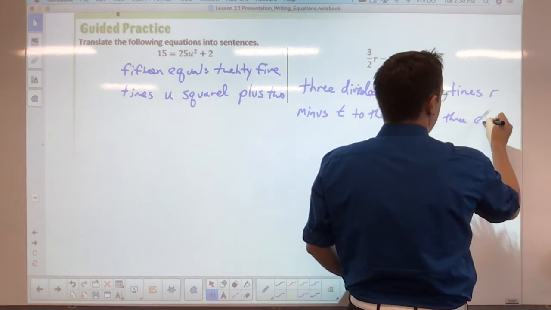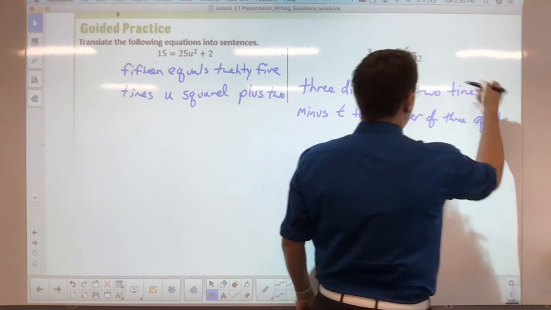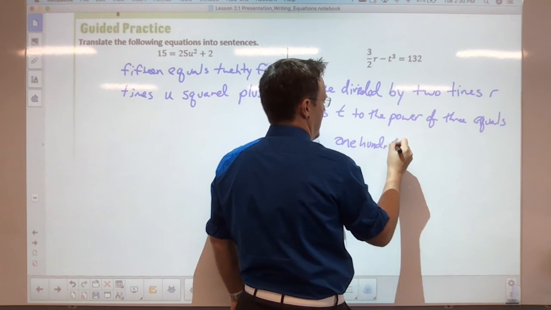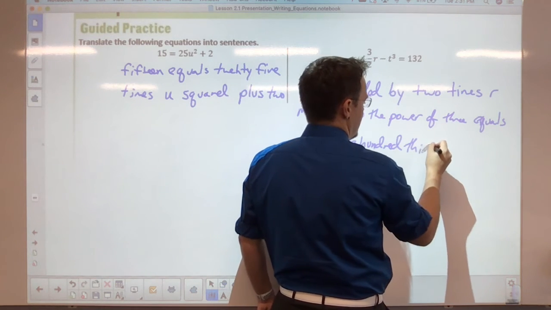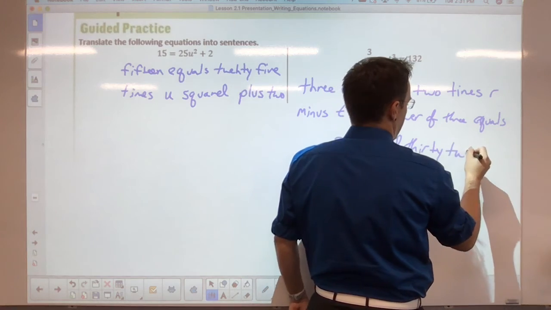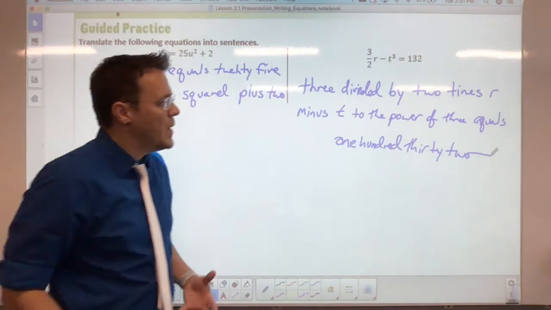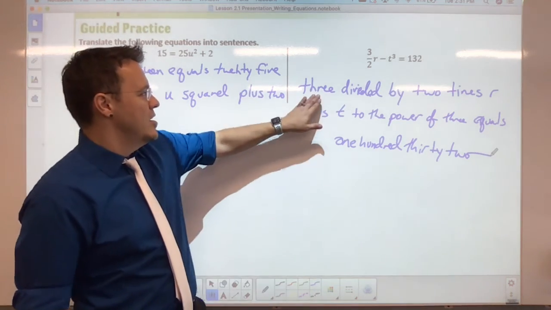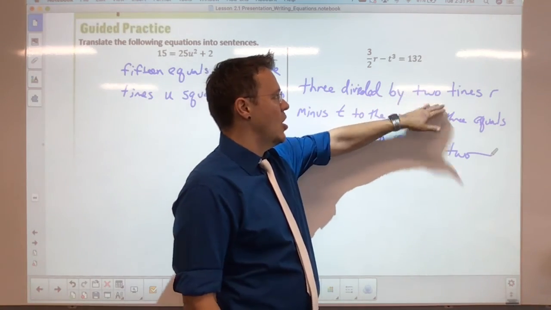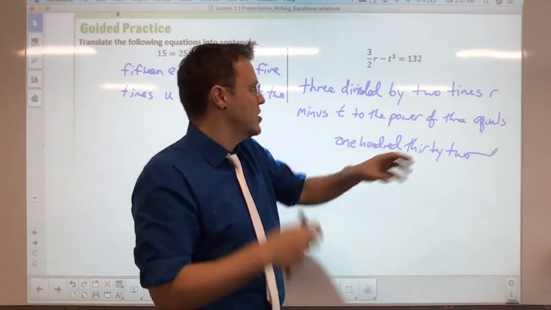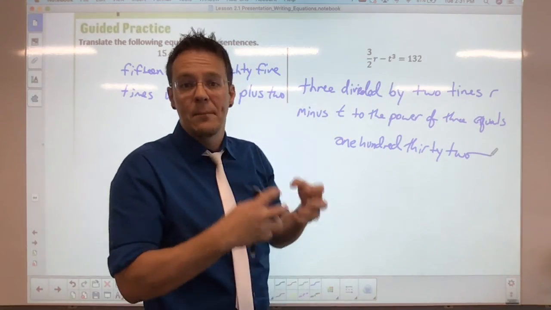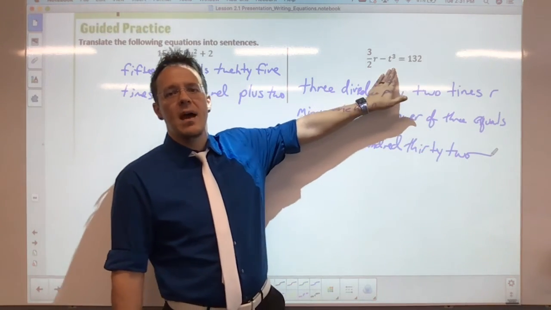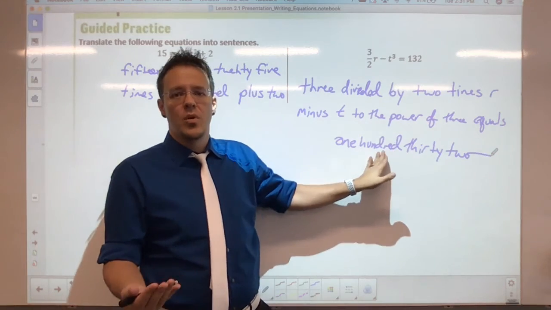And then it equals, and then you'd write that out, 132. A lot of words, but hopefully you guys understand the concepts behind it in my chicken scratch. All right, 3 divided by 2 times r. If you stop at that point, can you physically write this? Yes. Minus is the next one. T to the power of 3, because that's what we have up here, equals 132.